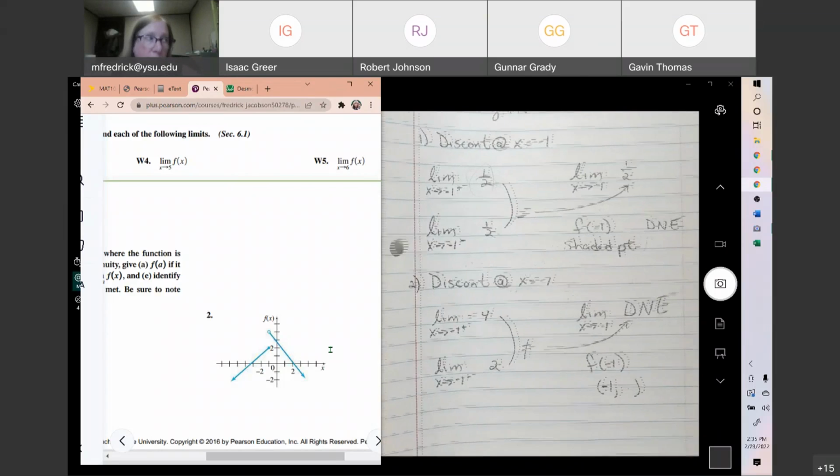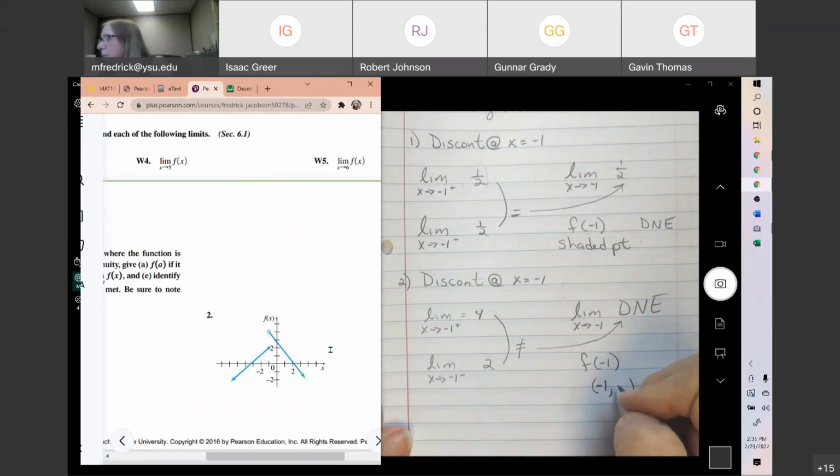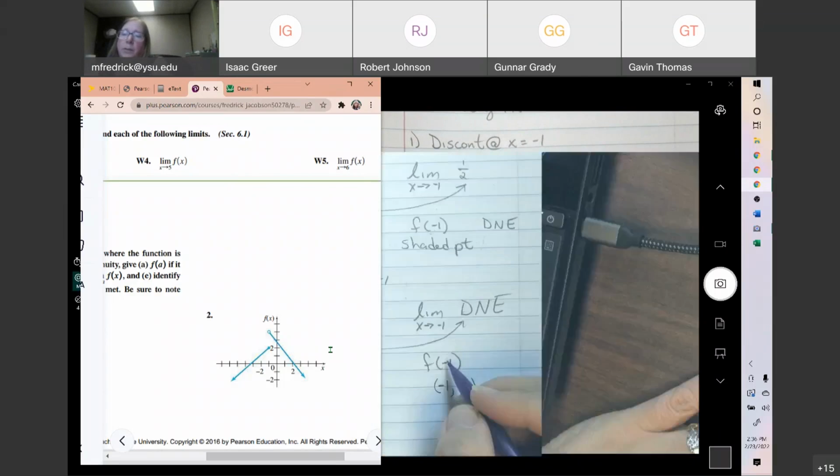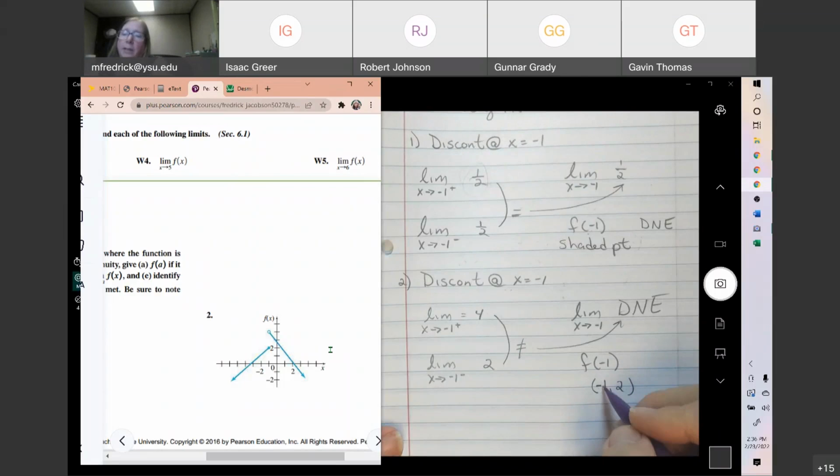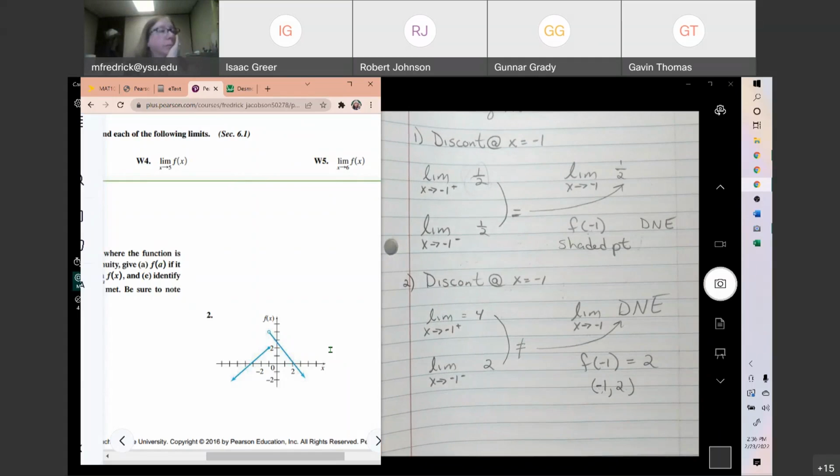Yes, 2. So it'd be -1, 2. So this is saying when x is -1, y is 2. Any questions on that?